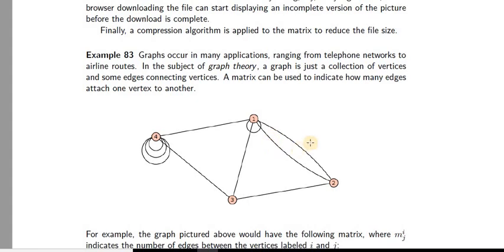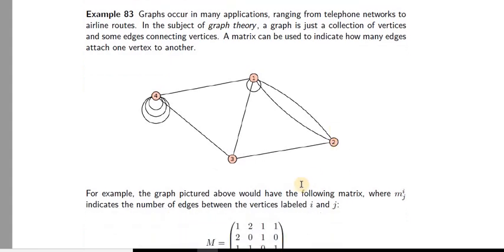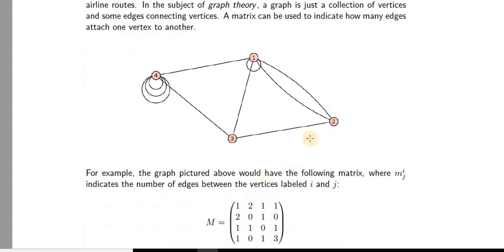Now in fact 1 and 2 have 2 different connections. So in the matrix entry labeled by 1 and 2, you're going to have the number 2. So the formal specification of the matrix associated with this graph is M_ij, where M_ij is the number of edges from i to j.